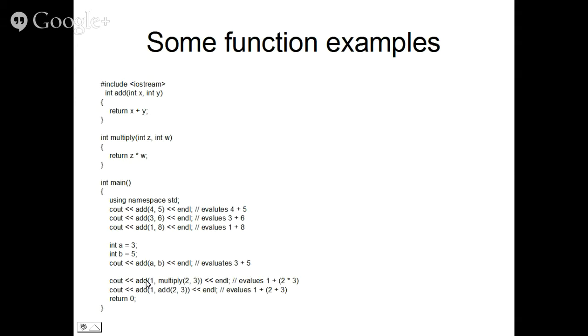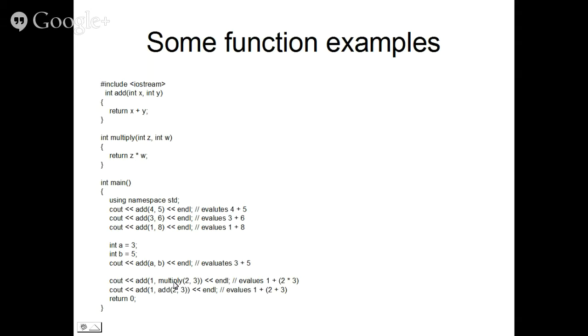If you see, we are calling add here with 1 as the first parameter, and the second parameter is coming from the multiply function. What will happen in this case is, first there will be a call to multiply with 2, 3 as parameters. We go to multiply, 2 times 3 is 6, return. Whatever is the return of multiply becomes the second parameter of add.